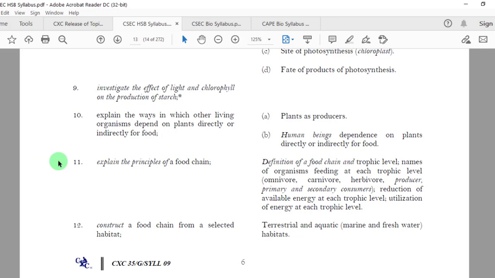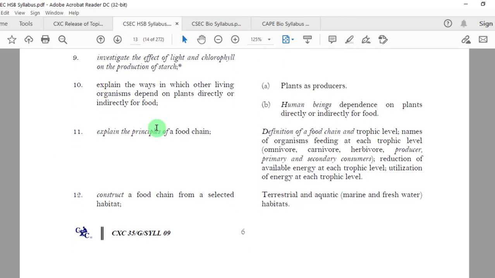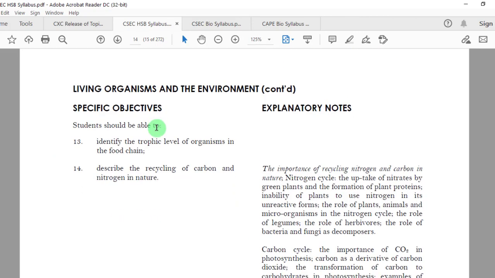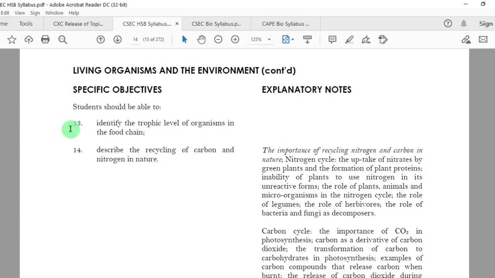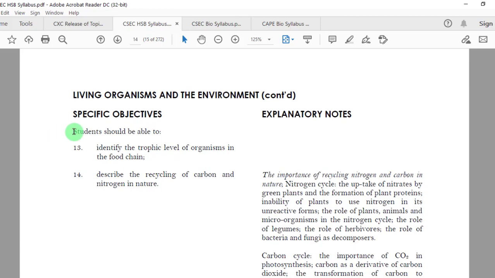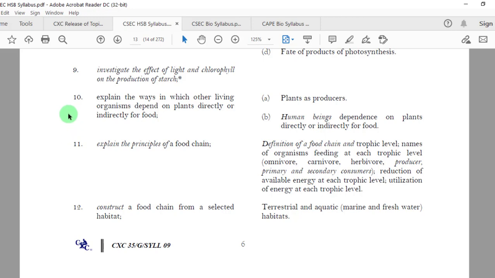So in this case, you're essentially focusing on objectives 10 right down to 13. Alright, so anything that has to do with food chains, that will be your focus.